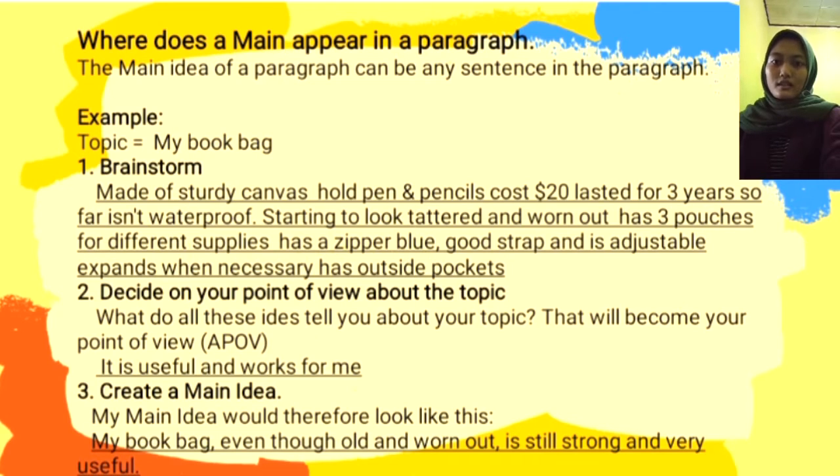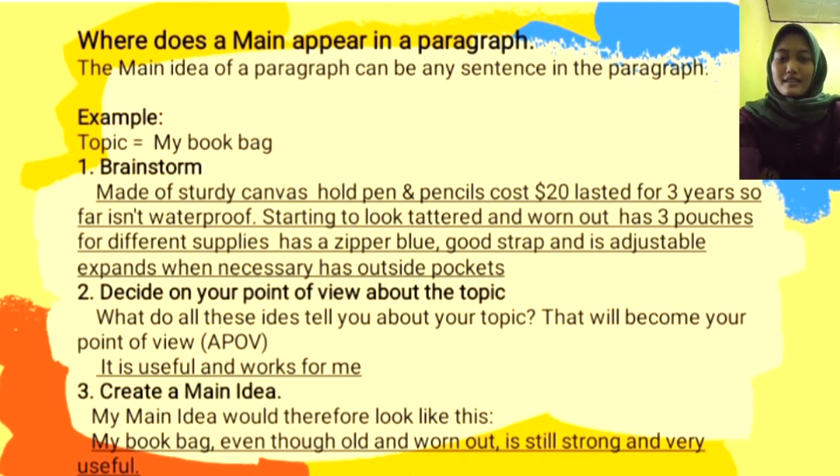So far isn't waterproof. Starting to look tattered and worn out. Has 3 pouches for different supplies. Has a zipper, blue. Good strap and is adjustable, expands when necessary, has outside pocket.